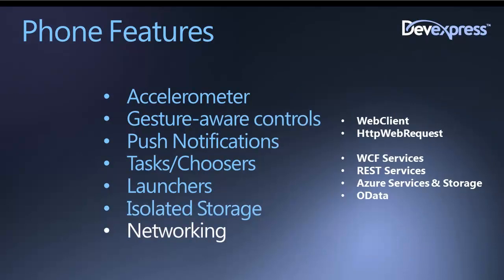Networking on the phone, you have a couple of classes that you can use. You've got the web client class and the HTTP web request class. What these do is allow you to consume WCF services, traditional SOAP web services, REST services.